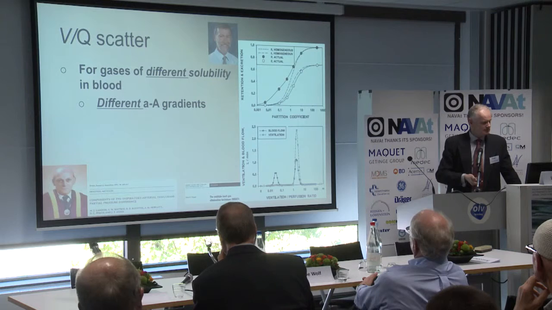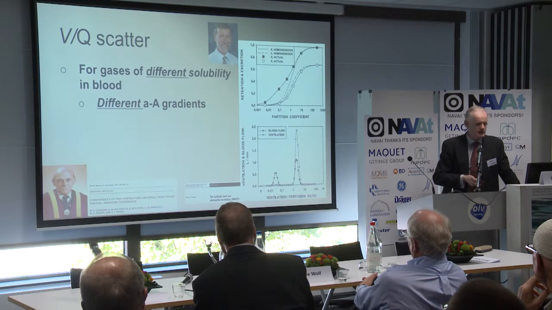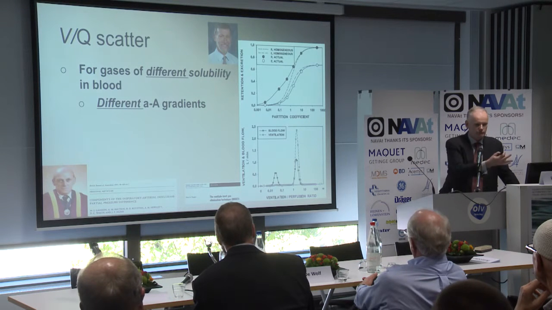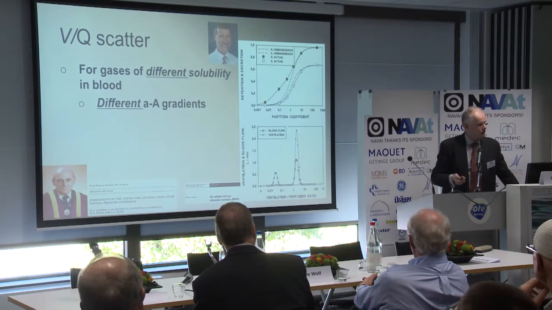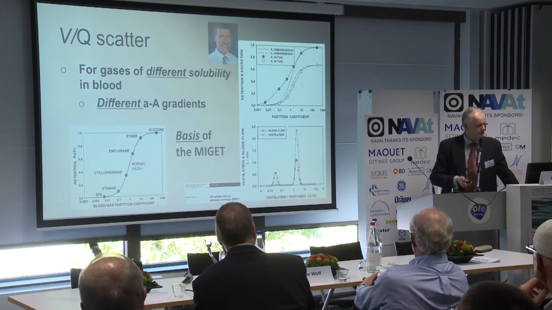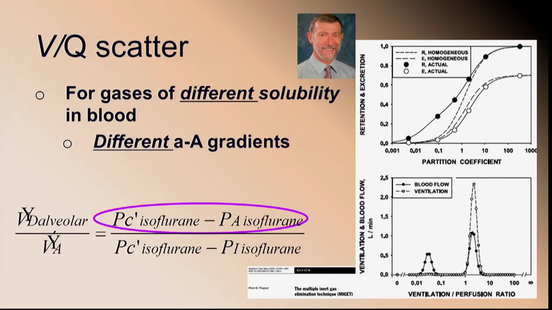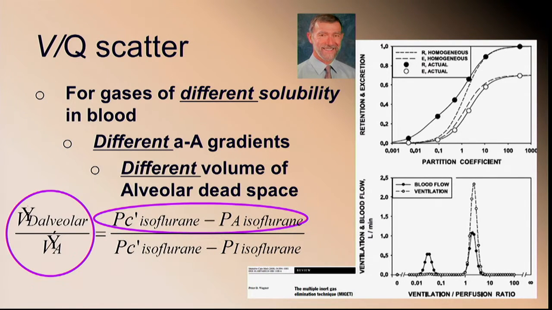Now, the thing is that Peter Wagner, in 1974, on the basis of the physiology of the MIGET technique and what they understood about all this, could have told you that gases of different solubility are going to have different AA gradients. It's the basis of the MIGET technique. And he could have told you that you could expect the AA difference for isoflurane and the alveolar dead space for isoflurane to be completely different to that for CO2.